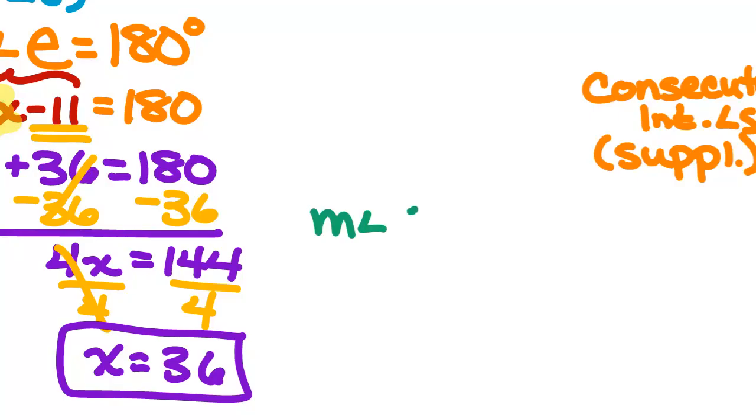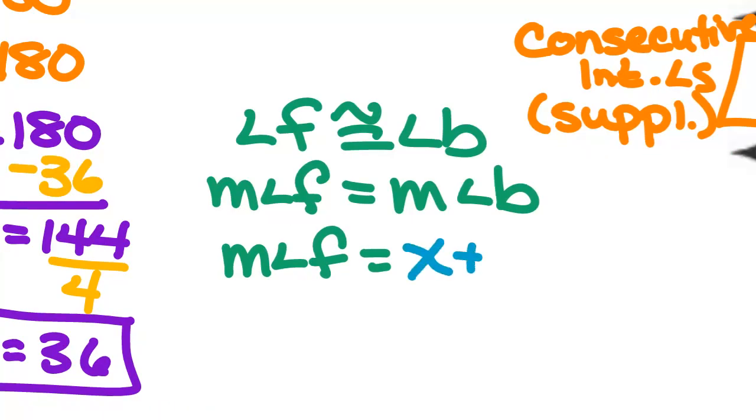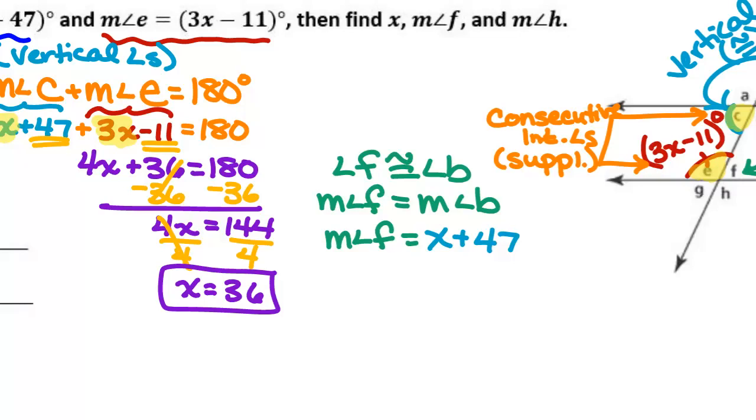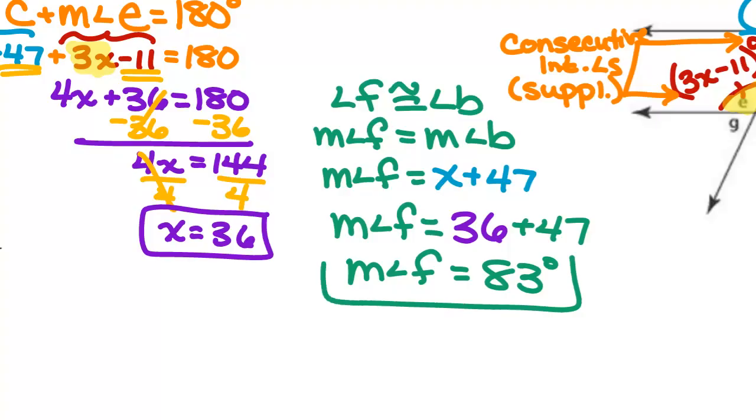So the measure of angle F is equal to the measure of angle B, because angle F is congruent to angle B. So the measure of angle F is x plus 47. So it's going to be 36 plus 47. What is 36 plus 47? 83. So angle F is 83 degrees.